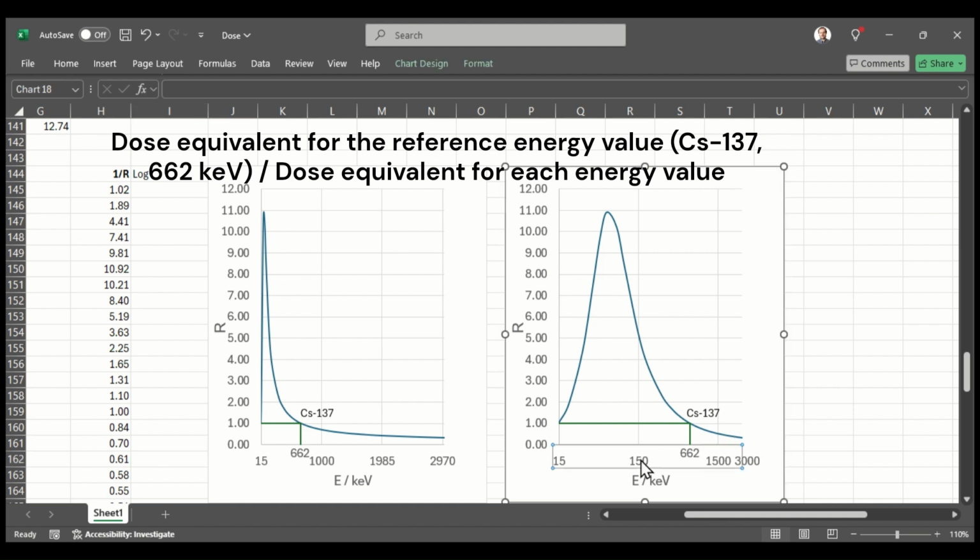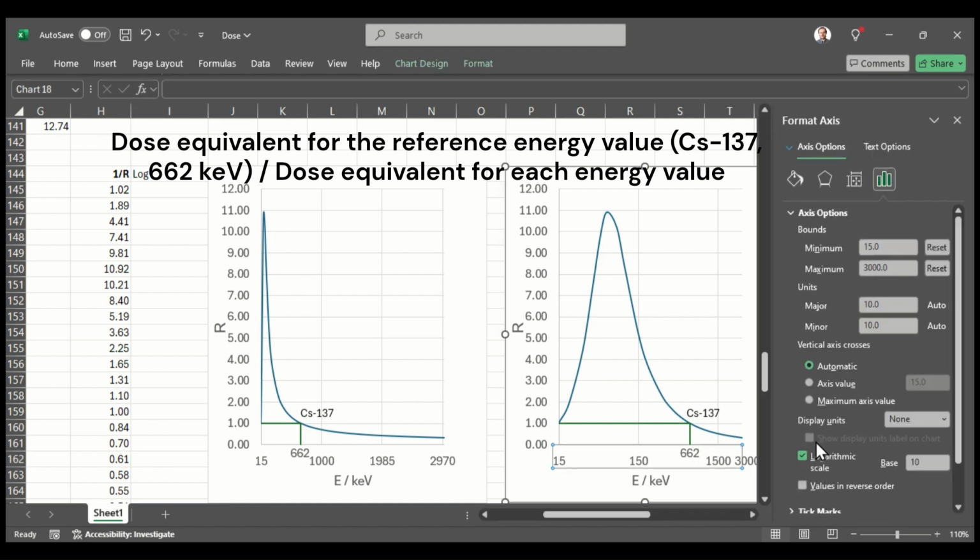The second graph presents the same data as the first, but with the energy axis displayed on a logarithmic scale.